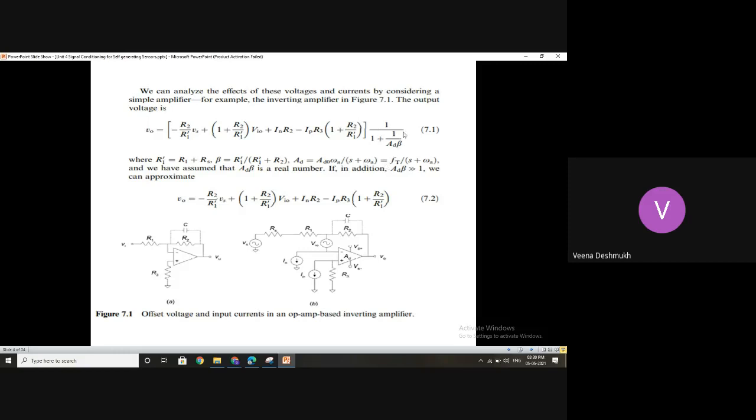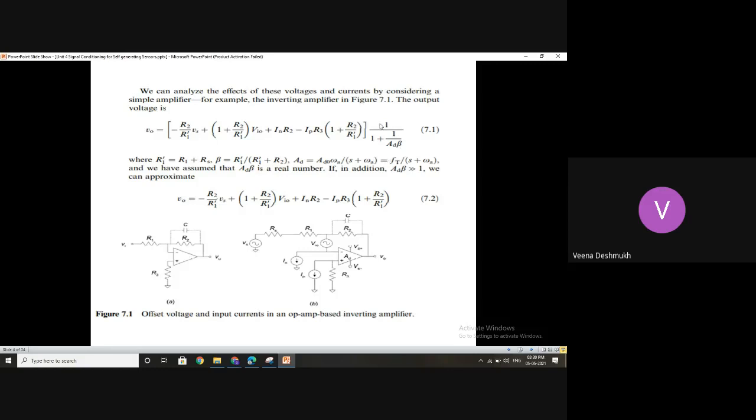Now what is this overall gain? Only the difference gain AD is considered, assuming the common mode rejection ratio to be infinite. So your AC is equal to 0. Considering AC is equal to 0, there exists only the difference gain AD. So the total feedback factor is this.